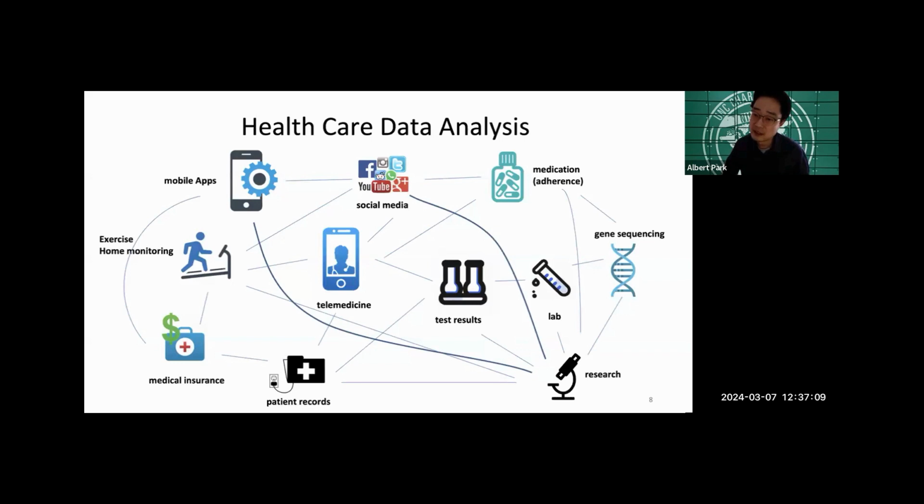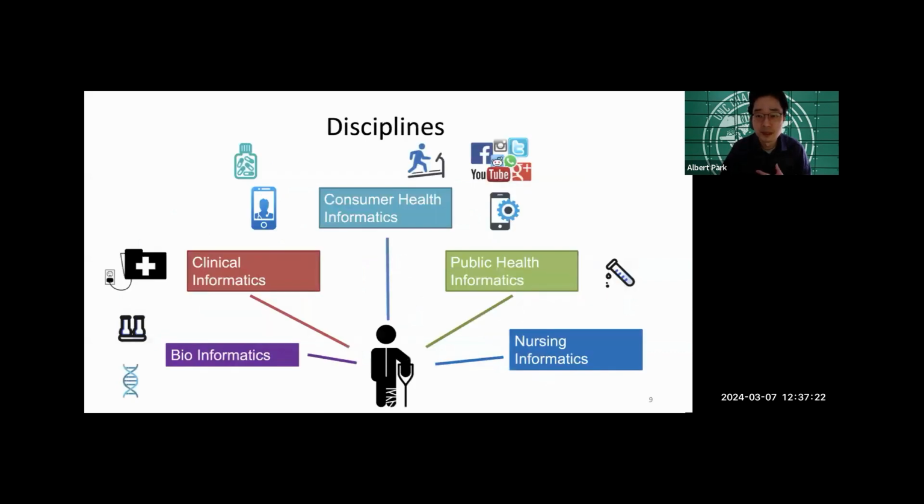However, this can be very complicated, and most of the time data are also interconnected. The truth is all of these data sources need to work together. This can expand into multiple disciplines.